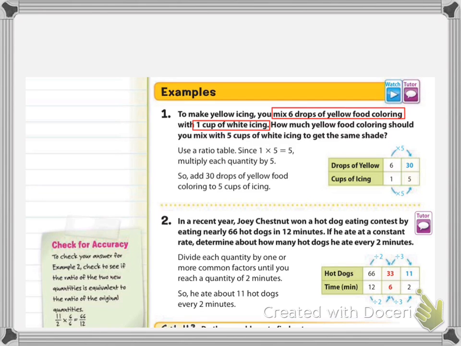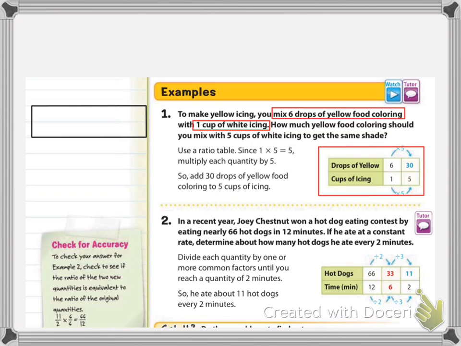If you look at the table that they created for you right over here, the one that I'm putting a box around now, you'll notice that they labeled the top of the table drops of yellow, which represents the drops of yellow food coloring, and then the cups of icing is the second part, since that represents from the word problem right over here, 1 cup of white icing. Let me take my arrows away. So when you're setting up a ratio table, because ratios use words, that's why they're including these words over here in this table.